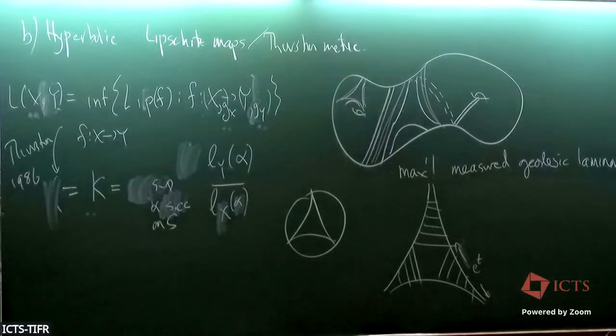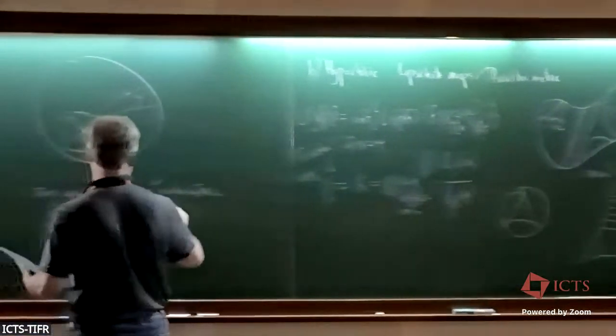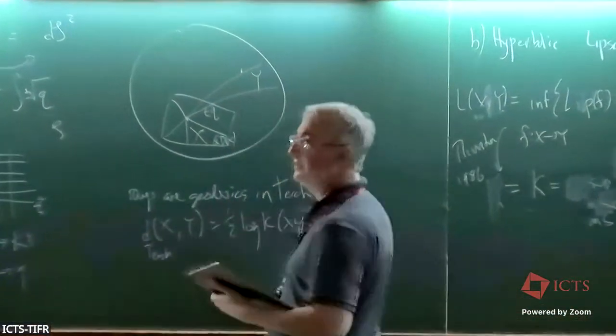These rays are geodesics in the so-called Teichmuller metric, where the distance in the Teichmuller metric from x to y is 1/2 log K from x to y.